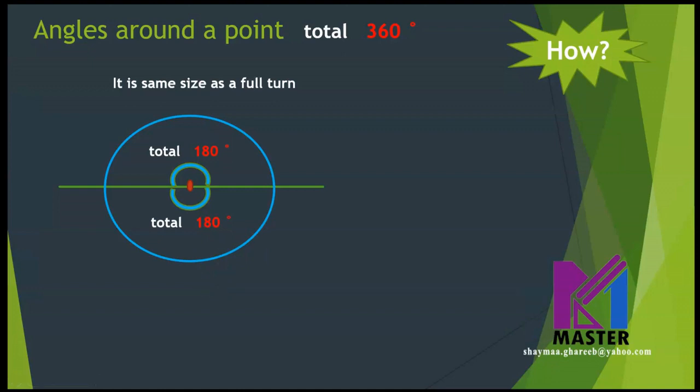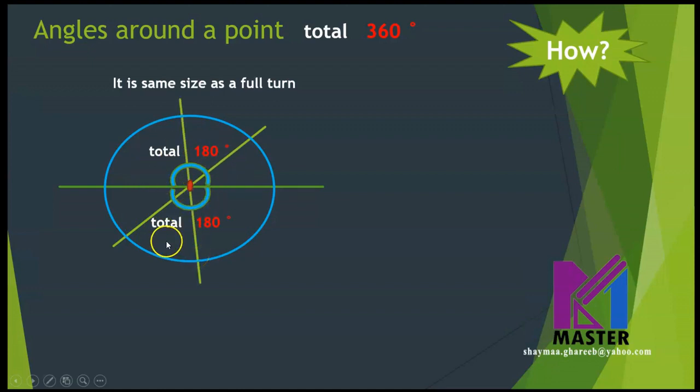360 degrees. So what if I want to add more angles to this straight line or this straight angle? Now look at the angles here. I have 4 angles, and the sum of the 4 angles is 360 degrees because all of them form a full turn, and they are all angles around a point, which is the same vertex for all the 4 angles.